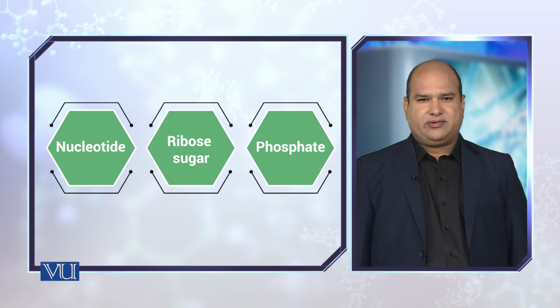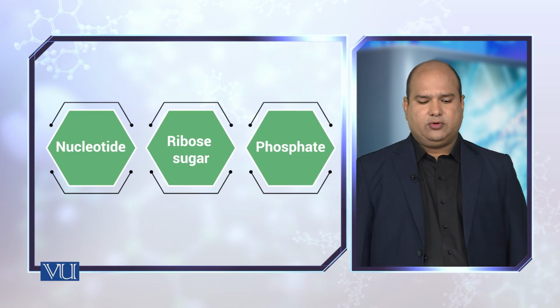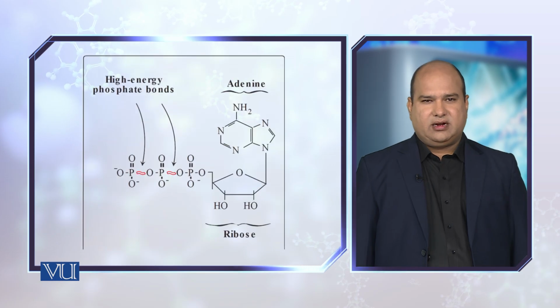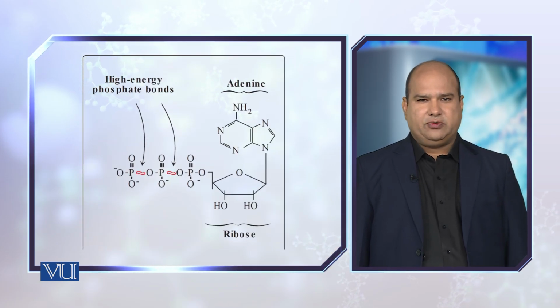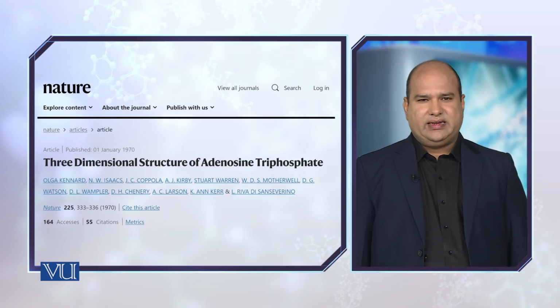All three components are very important, but of course, the phosphate moiety is the most important, and all three components join together to make the ATP molecule. The structure of ATP was discovered in the 1970s.